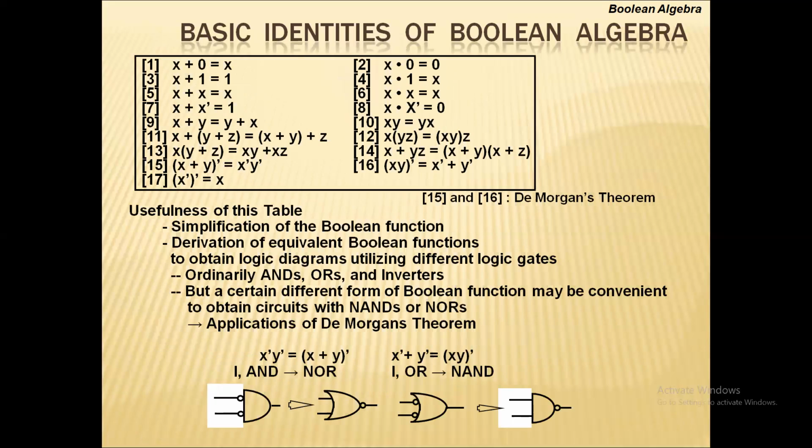In the process, we have taken the help of the basic identities of Boolean algebra to simplify the hectic Boolean expressions, to make the circuit optimal.